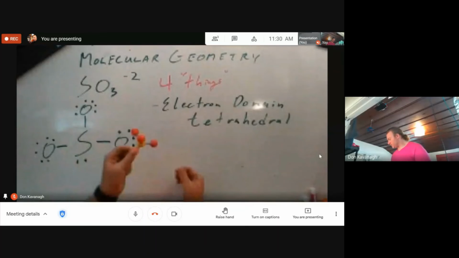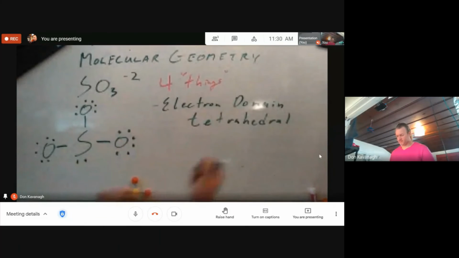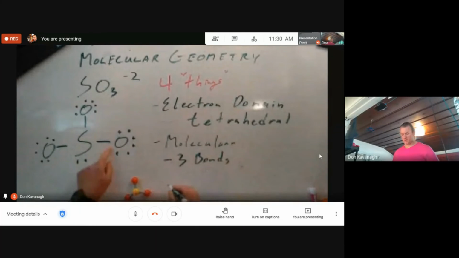Now the molecular geometry takes into account the bonds. So we have 3 bonds, 3 bonded things, and 1 lone pair of electrons.